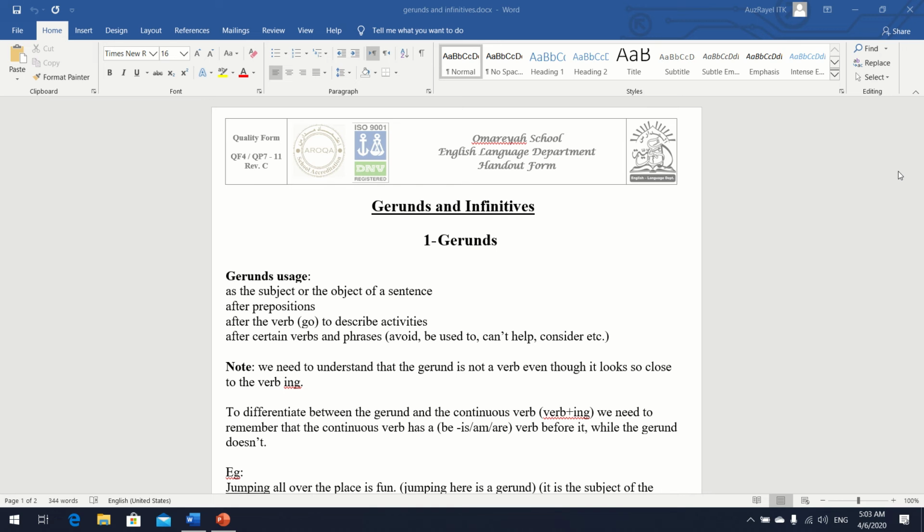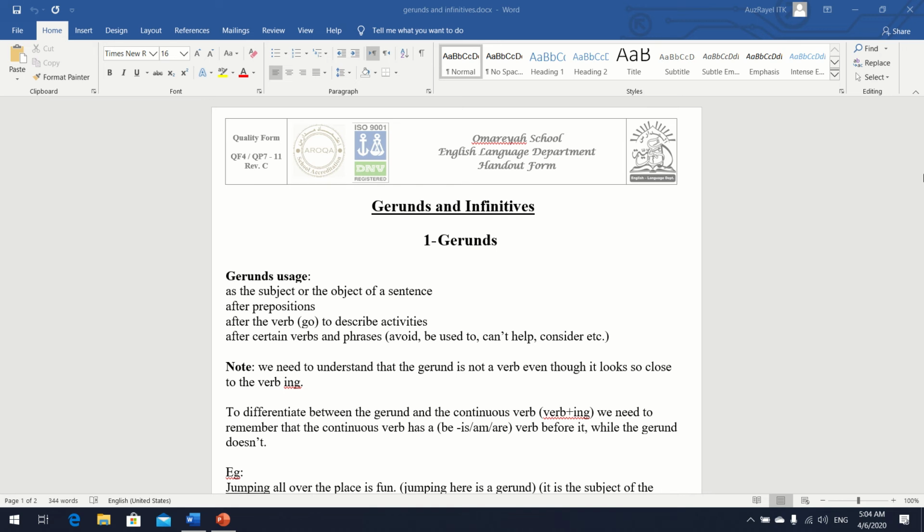It's easy to differentiate between the gerunds and the infinitives in form, because gerunds look similar to the verb ing, but the difference is gerunds don't have a be verb before them, and the infinitives come as to plus verb 1. So it's a huge difference in the look between them, but you need to memorize the usage in order to be able to use them.